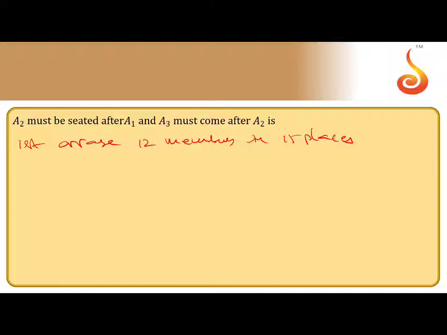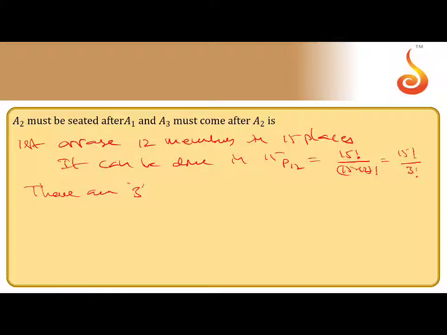That can be done in 15P12, that is 15 factorial by 15 minus 12, that is 15 factorial by 3 factorial. That is the first job. Now there are 3 places left.